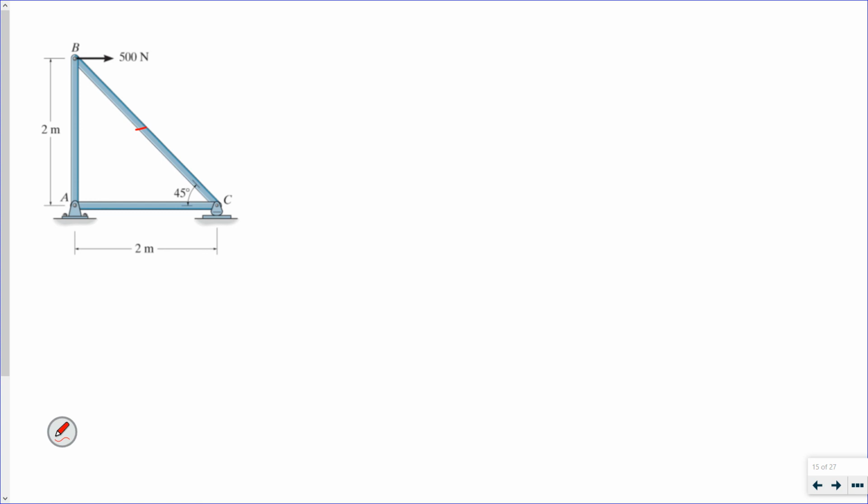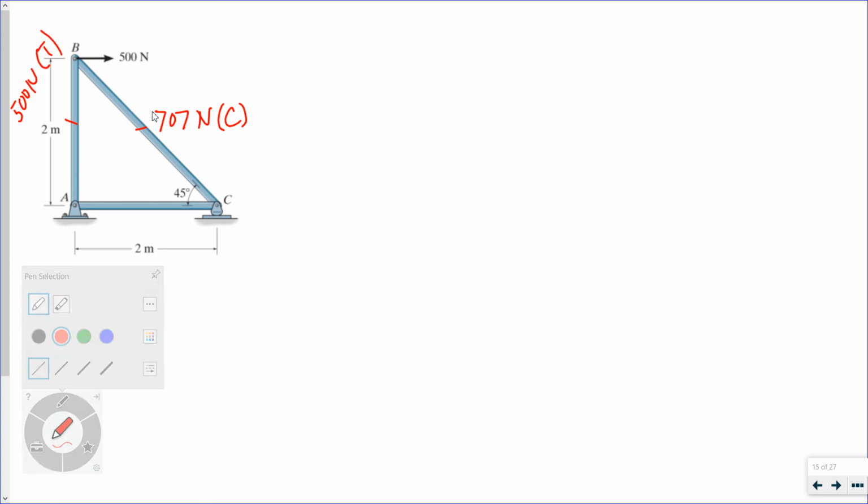I just figured out that this has 707 newtons compression. This one has 500 newtons in tension. Now I'm going to look at equilibrium at C.